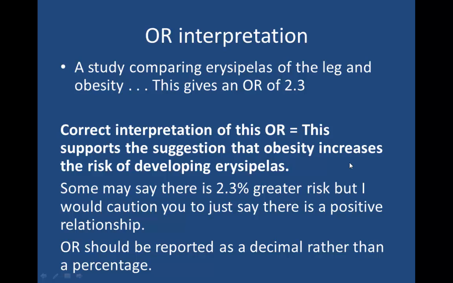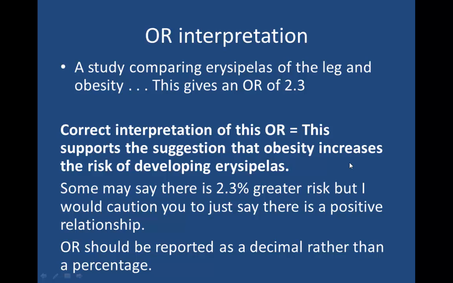We said that some people could fall into the trap of saying there's a 2.3% greater risk, but we're not dealing with risks, we're dealing with odds. So it should be: there is a positive relationship, if you are obese, you are more likely to also develop infection with erysipelas in your limbs.